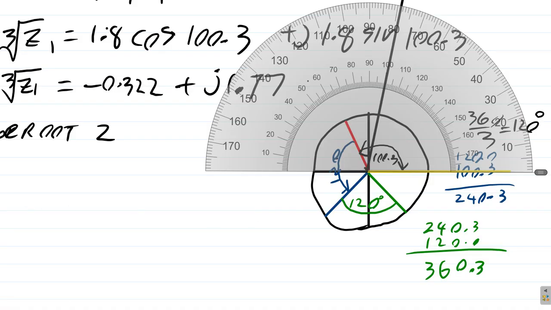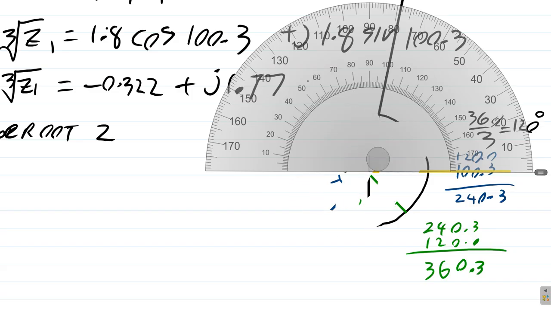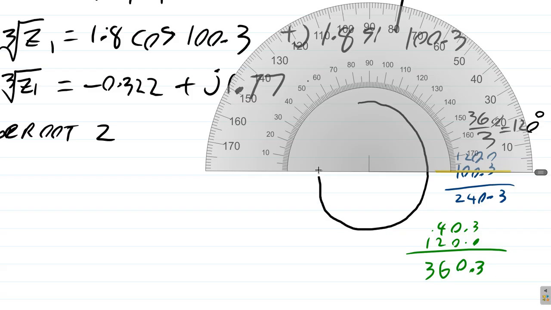I drew it wrong. Let me just redraw the circle again. So here, if you have a circle, my rough circle here, the first angle is about 100 degrees, right?